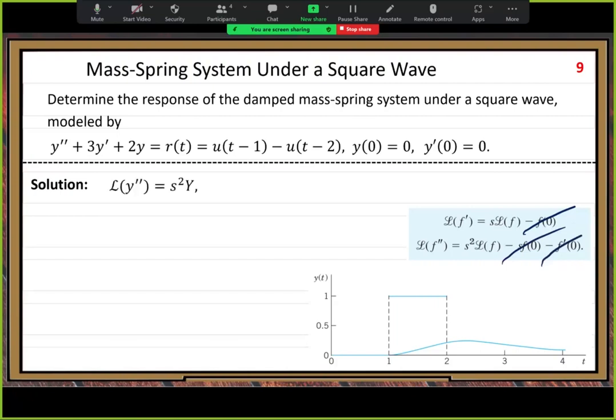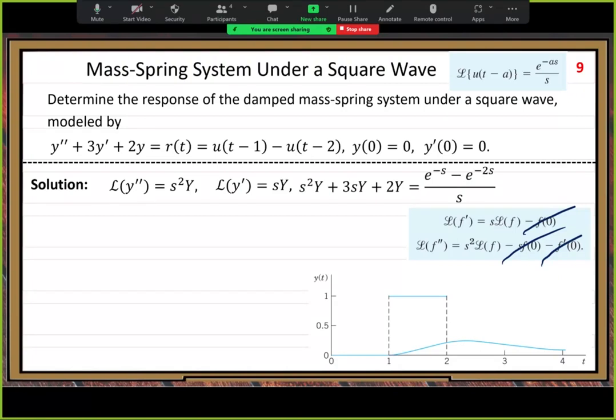Then we have the Laplace transform of y double prime equals s squared times capital Y. The Laplace transform of y prime is s times capital Y. Then you put it together. For the right hand side Laplace transform, we use this formula. So now both sides.